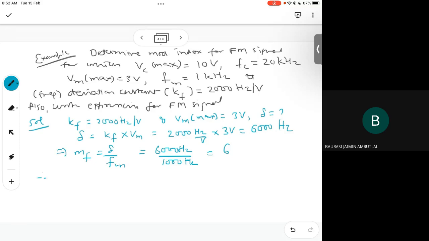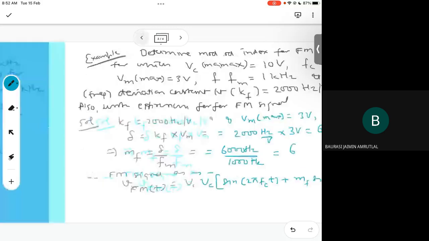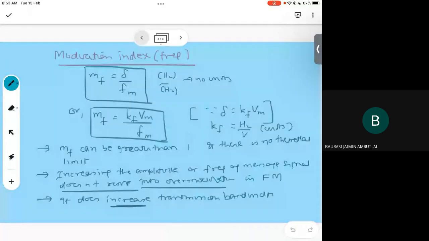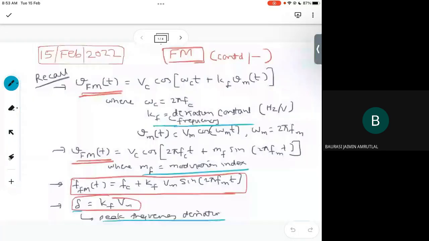And therefore, my FM signal can be represented as VFM(t) is VC sine 2 pi fc t plus mf sine 2 pi fm t. That is the expression which you have seen and recalled in the first lecture, first slide.